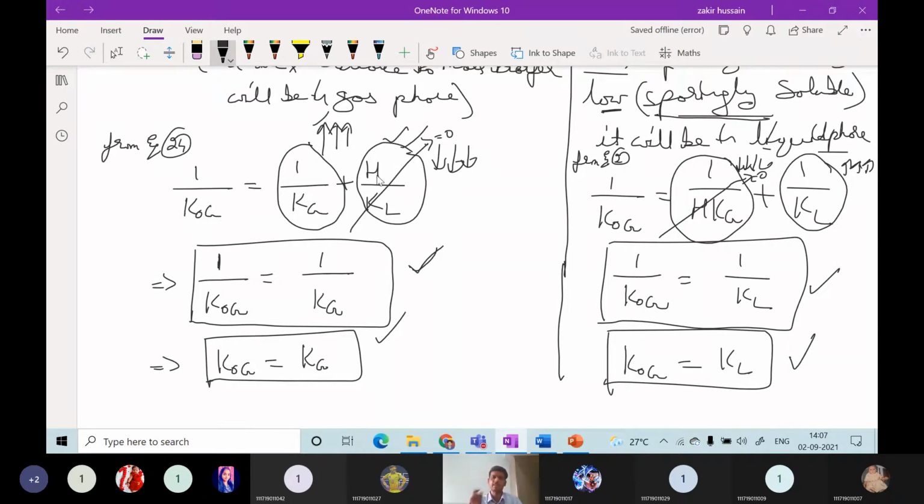If you estimate it, it will be a very small fraction, nearly equal to 0. If the problem states that the gas is highly soluble, then we can immediately neglect this term and keep the other term. If the problem says the gas is very low soluble, directly it has to come to our mind that this term is negligible. Okay, is that clear?